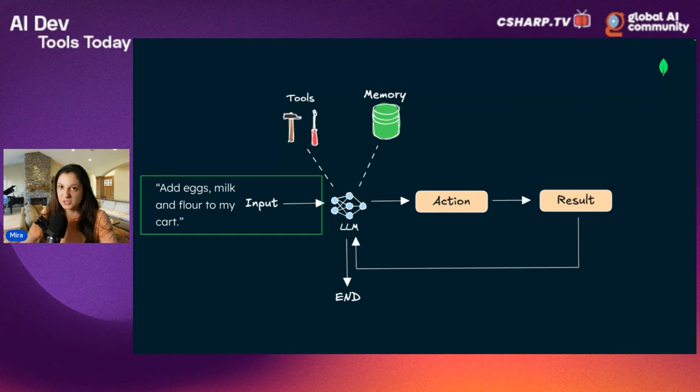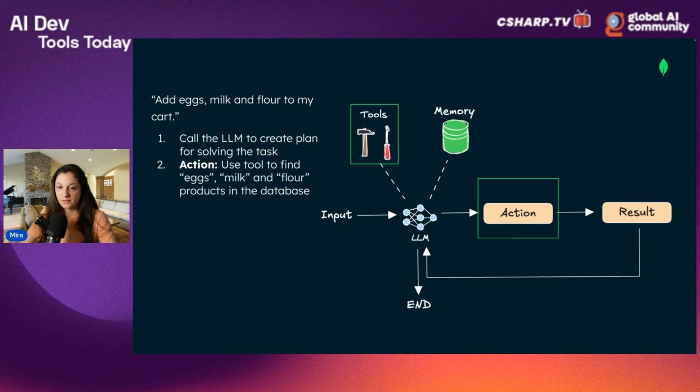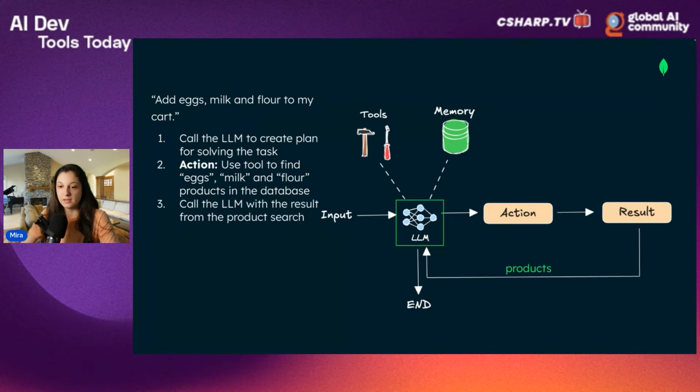The input, as we said, will be natural language. The first thing the agent will do is call the model to create a plan for solving this task. The first action that the plan will have is using a tool to find products in our database. So we need to find these products. Then after these products are found, our agent will call the LLM again, and the LLM will decide if these products are sufficient and if it should proceed with the next steps.